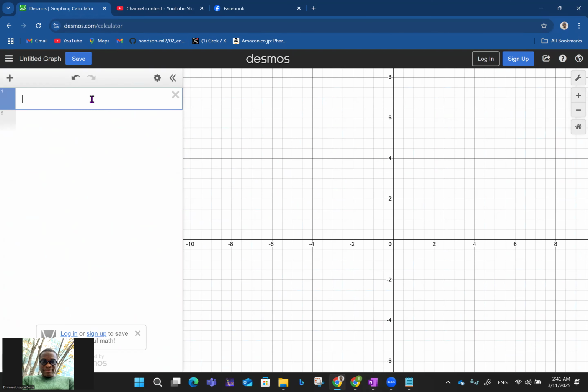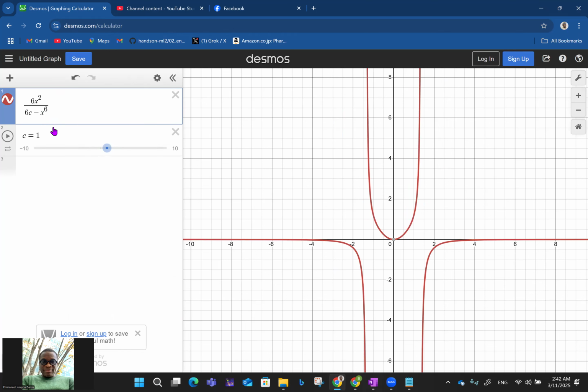So here we have 6x squared divided by 6c minus x to the power 6. We need a slider on the c. So see, you have the function all over the place.